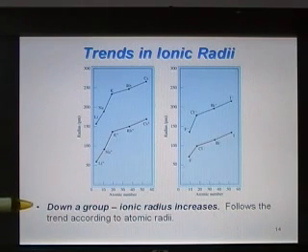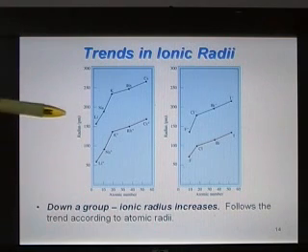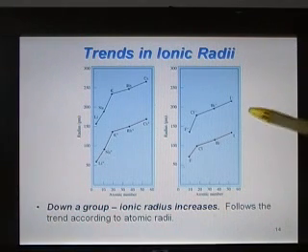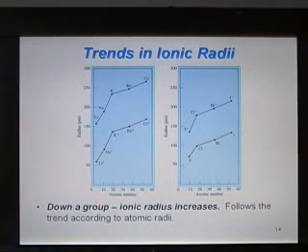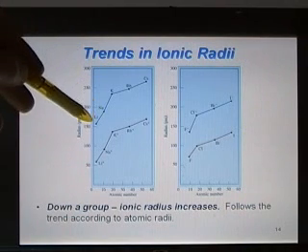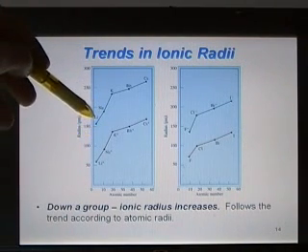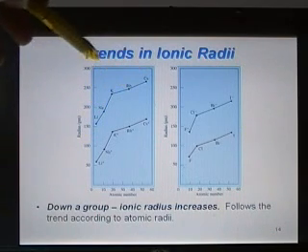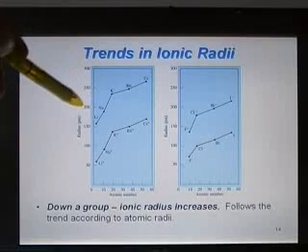So this slide just reinforces what I said on the last slide. As you go down a group, the ionic radius increases, much like when you look at atomic radius. The first example graph is for the alkali metals, and the second example is for the halogens. The blue line on the first graph is the sizes of the alkali metal atoms.